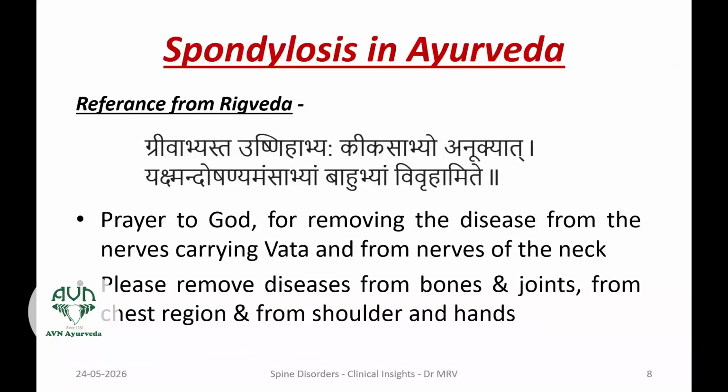Even at that time, griva stambha, diseases associated with the neck, were there, which means that this is not a new problem. Griva stambha, kadi stambha, or kadi griva, all these things were happening previously also. These are all very old diseases, not new ones.